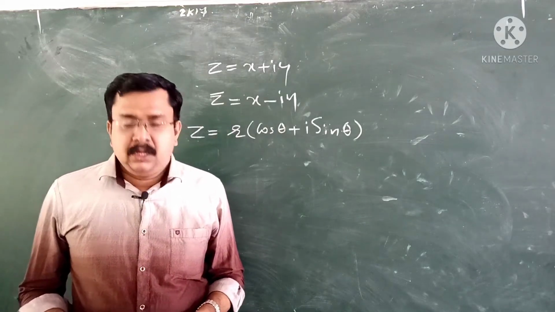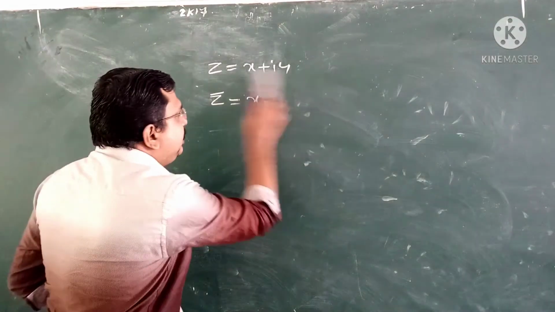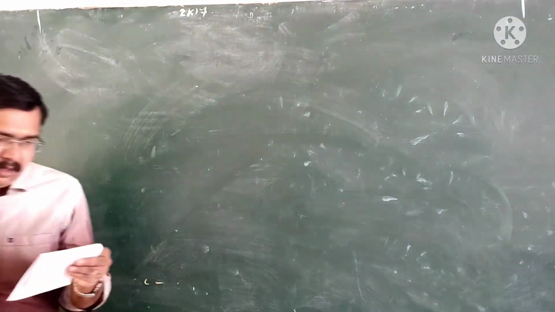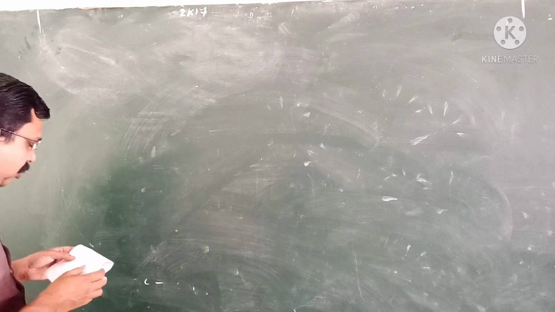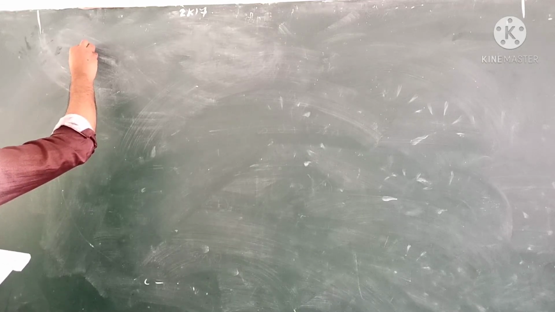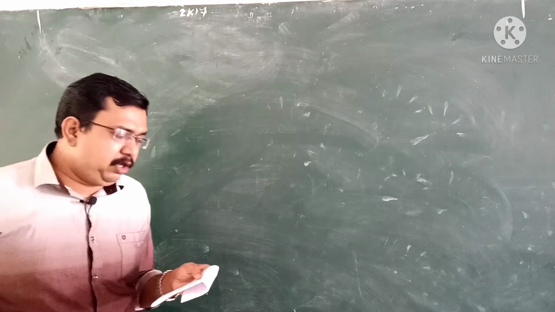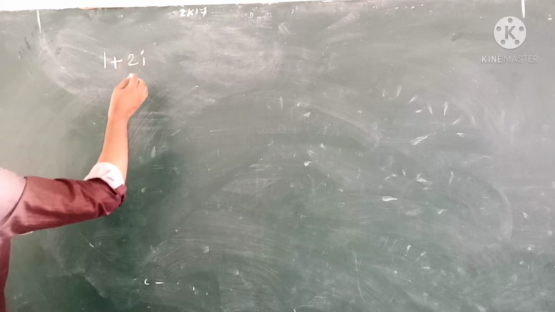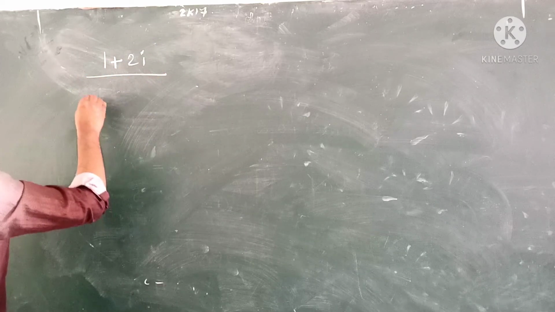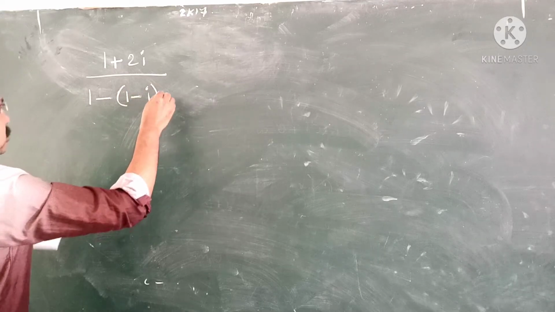Now we can do some problems. First question is: find the modulus and principal argument of the complex number (1 plus 2i) divided by (1 minus i) the whole square.